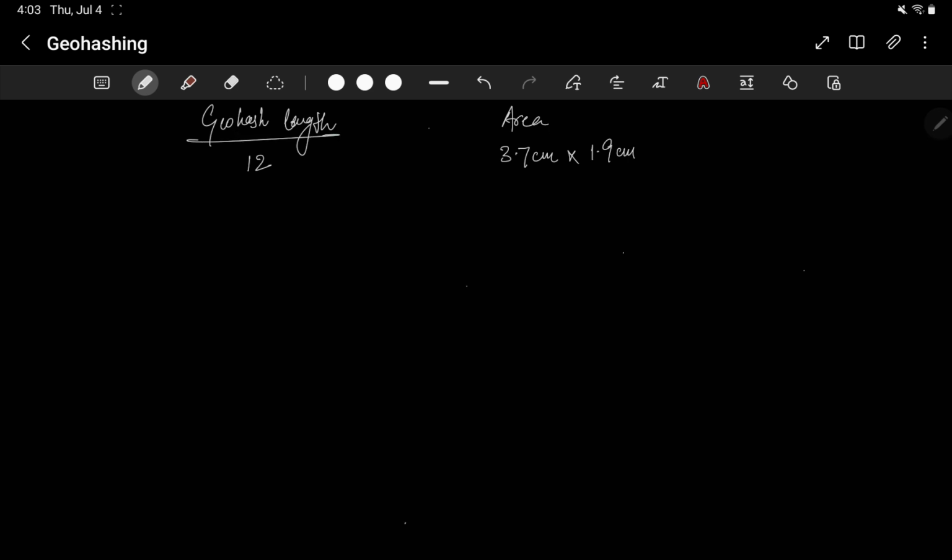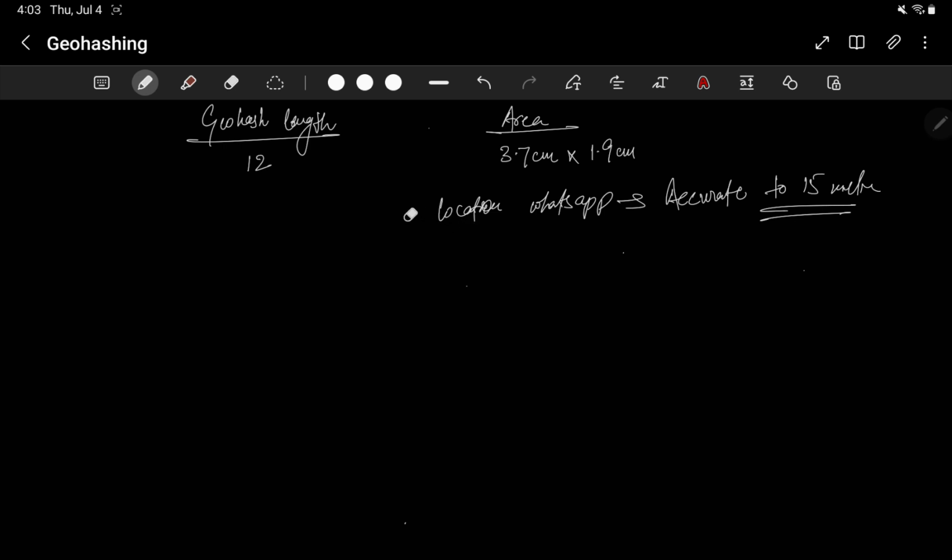When we assign all 12 characters, at this level of precision we know the address. You may have seen when you shared your location on WhatsApp, you would have got something like accurate to 15 meters, right? So this gives you an idea of what length of geohash they are using. We will see what this 15 meters is later.